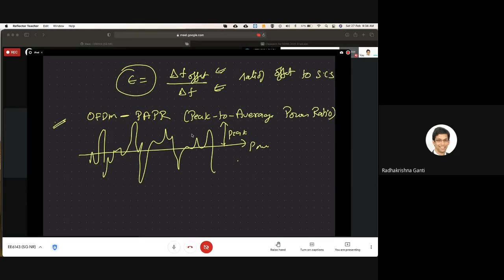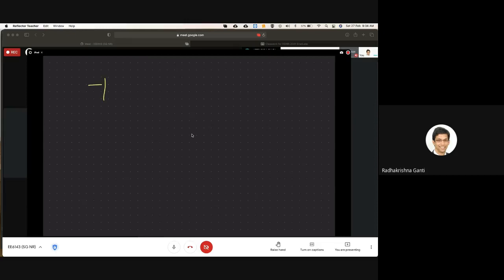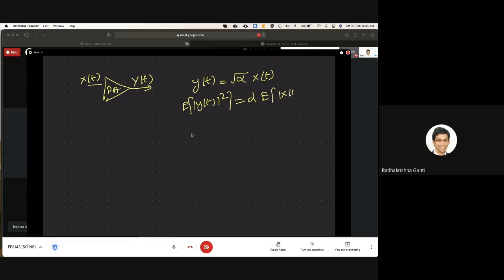To do this, we should understand the power amplifier. Theoretically, what does a power amplifier do? Give it x of t, it gives y of t, where y of t is a scaled version of x of t. So the power in y of t will be alpha times the expected value of x of t whole square.